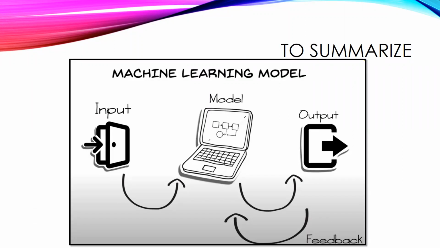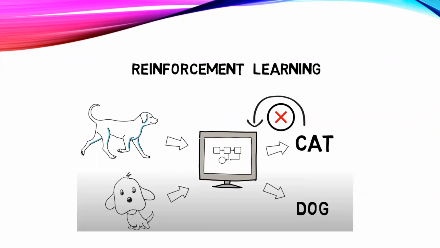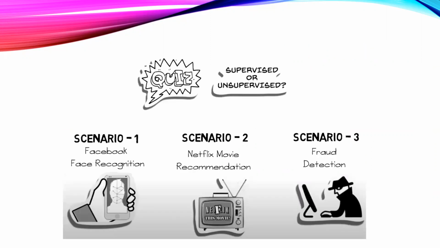Okay, so you must have got an idea of the 3 different techniques of machine learning we talked about: supervised, unsupervised, and reinforcement learning. And let's talk about different scenarios. This is for your homework. Scenario 1, Facebook face recognition. Is it supervised or unsupervised? Netflix movie recommendation: based on whatever you're watching, it will recommend movies, saying this may be a good movie, you may like it, right?